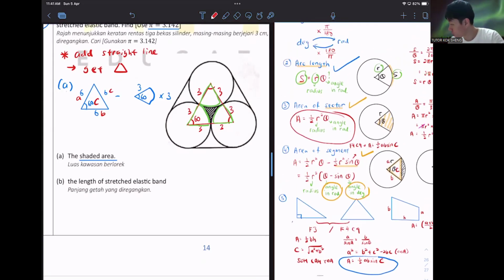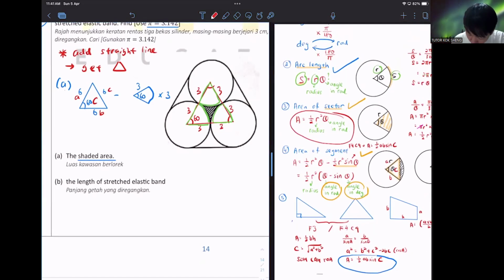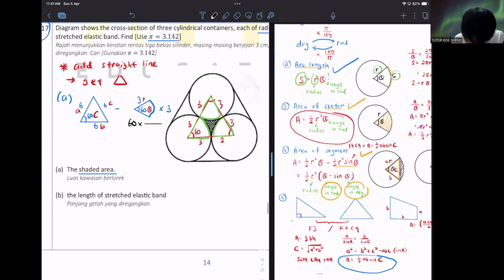So all the numbers are already there, but just the angle needs to change first. So 60, I change to the radian first: 60 times pi, or the pi the question gives you, 3.142, over 180, which gives 1.047 rad.